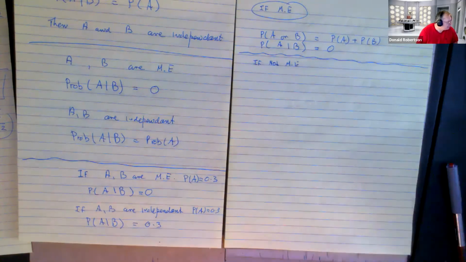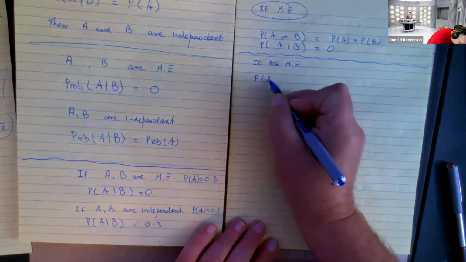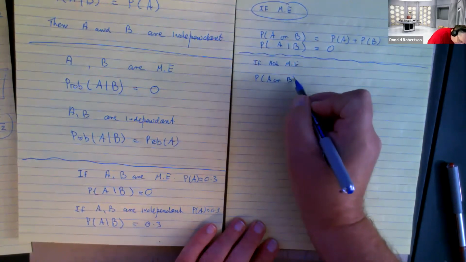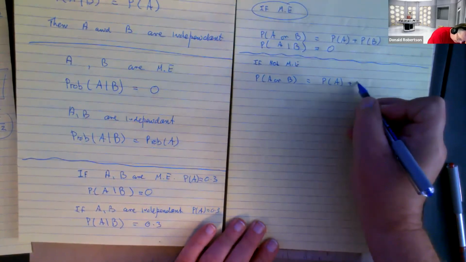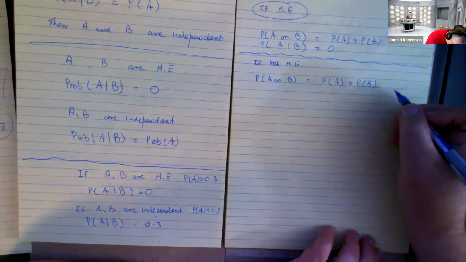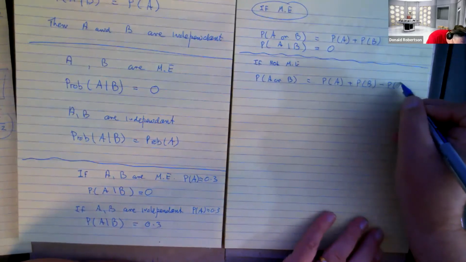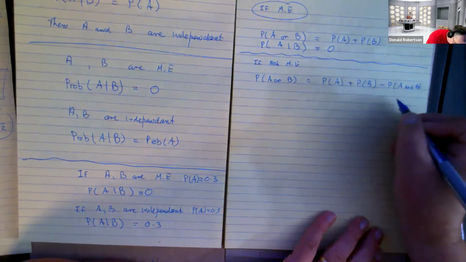Now, if they're not mutually exclusive, so they share something in common, then how do you calculate the probability of A or B? Well, it's the probability of A plus the probability of B, and then you take away the double dips. And the double dips are A and B, which basically means the probability of both happening.